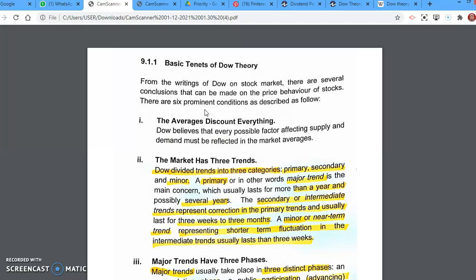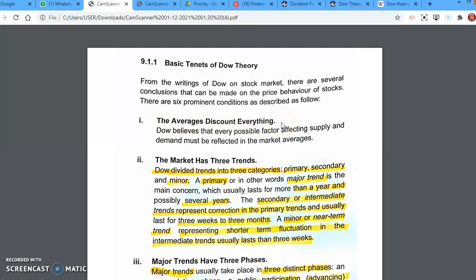So they stated that this theory could be generated like this. There are 6 prominent conditions as described. The first condition is that the Dow Theory states that the average discounts everything.